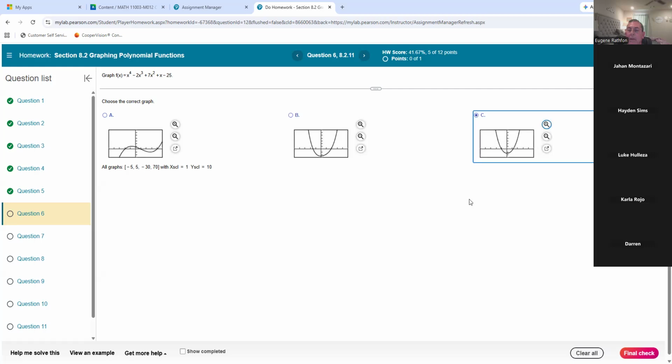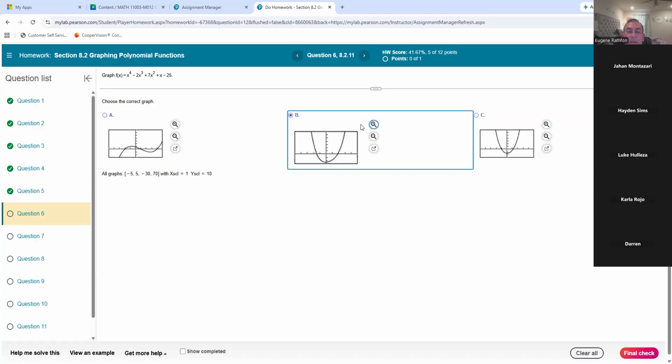All right, y'all. This one is x to the 4 minus 2x cubed plus 7x squared plus x minus 25. So an even degree with a positive 1. Both ends are going to go up. But y'all look here.